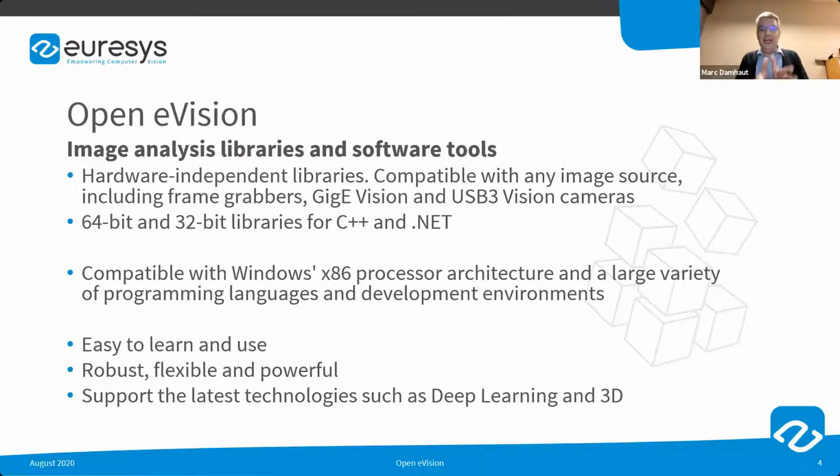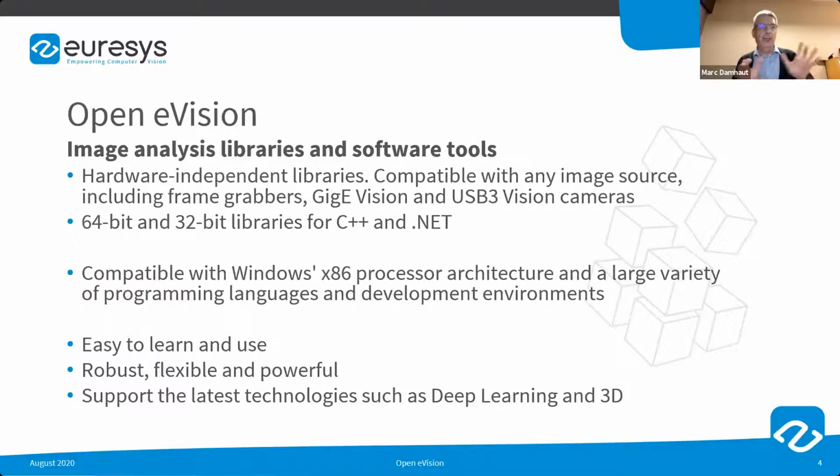Actually, the deep learning libraries are 64-bit only because we need more memory and more processing power. They are compatible with Windows and x86 processor architecture, so you can use any type of PC to develop your Open eVision application.